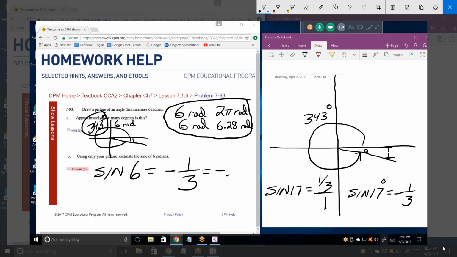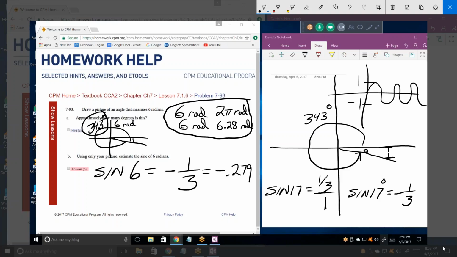Negative 0.279. Oh, yeah. Sorry. The reason I knew that is because the sine of any angle can never be greater than 1 or less than minus 1. Remember what the sine curve looks like. Notice that it's never greater than 1 or less than minus 1.